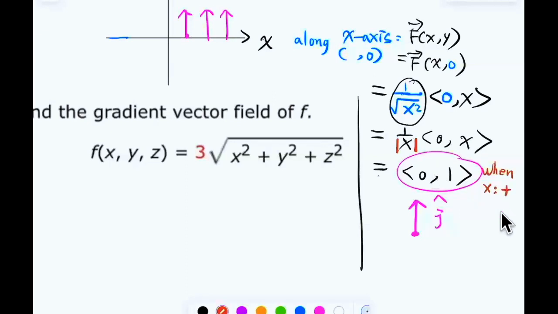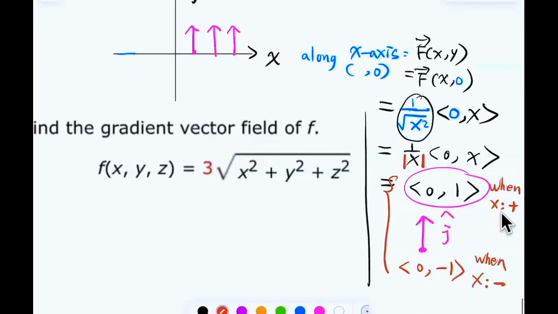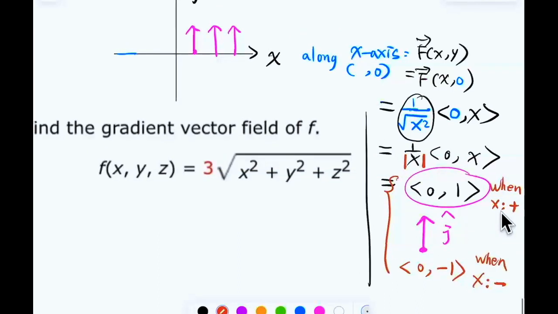What happens when x is negative? 0, comma, negative 1. Yes, you got it. So when x is positive, it will be the j vector, but when x is negative, it actually goes down like this. It's a negative vector.